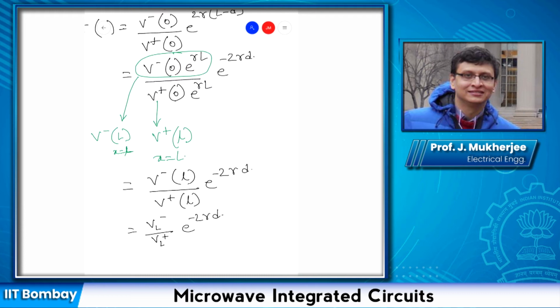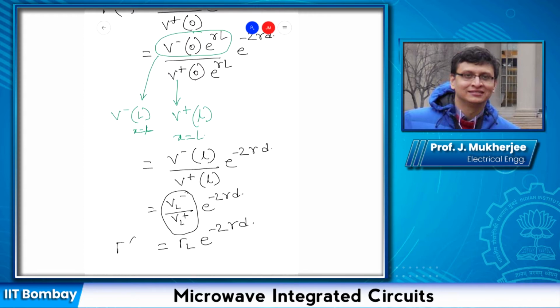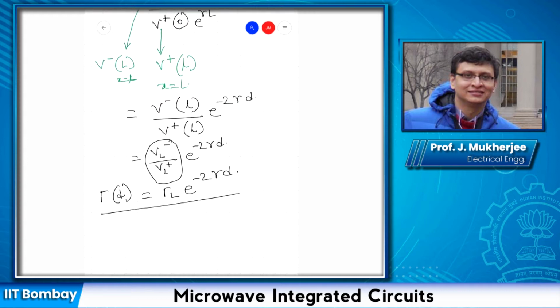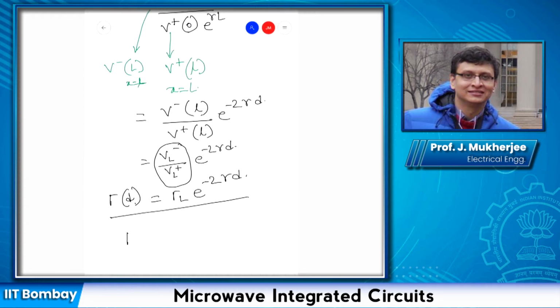And what is this quantity? This is nothing but the reflection coefficient at the load end. So then the value of gamma D is given like this. And if the line is lossless, then gamma D is equal to gamma L e raised to j 2 beta D.